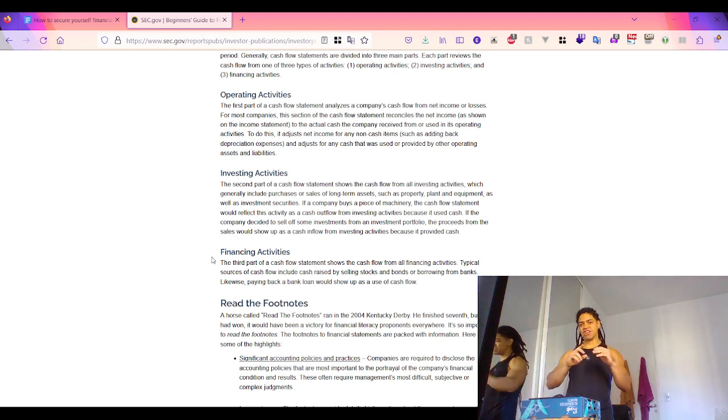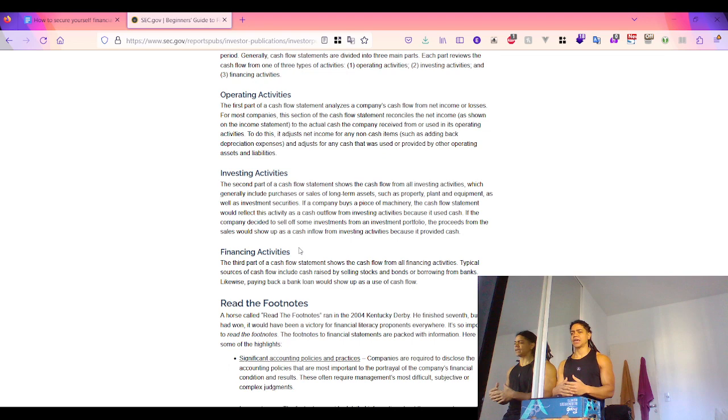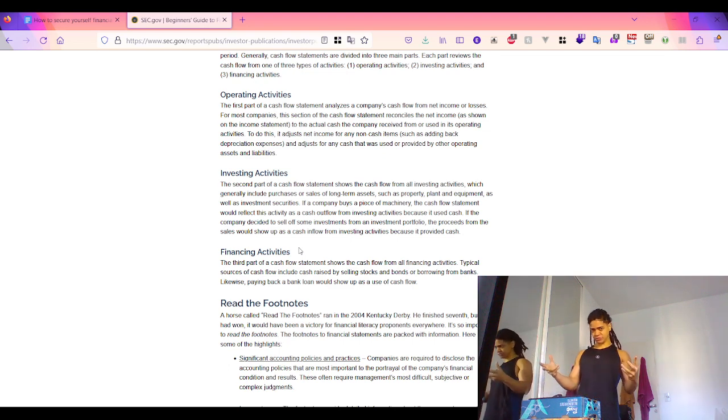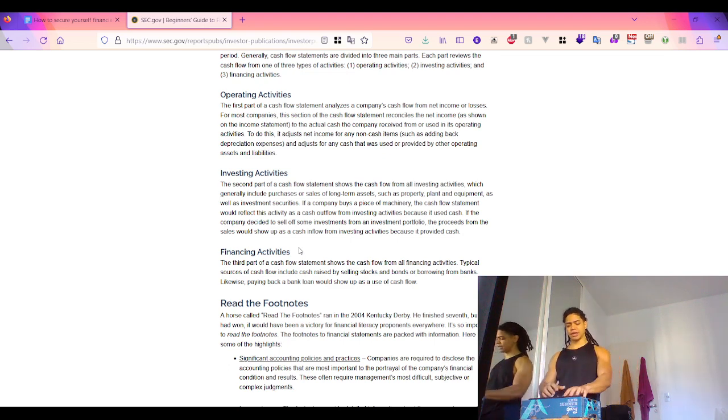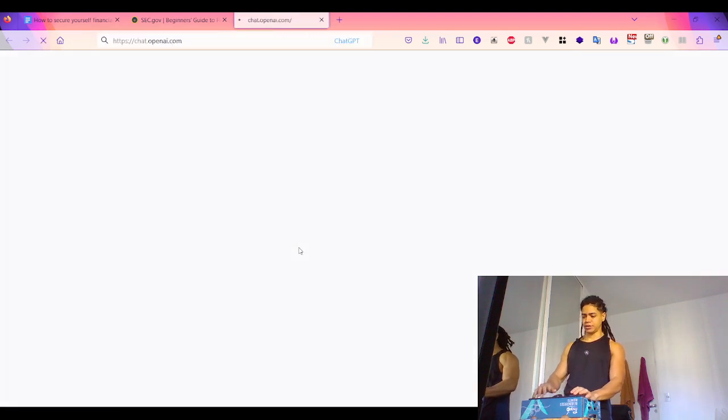And then I look at the financing activities, where this shows the cash flow from all the financial activities. But before jumping into the financing activities, I ask myself, okay, what are these investing activities? So, give me an example, ChatGPT, thanks for that.